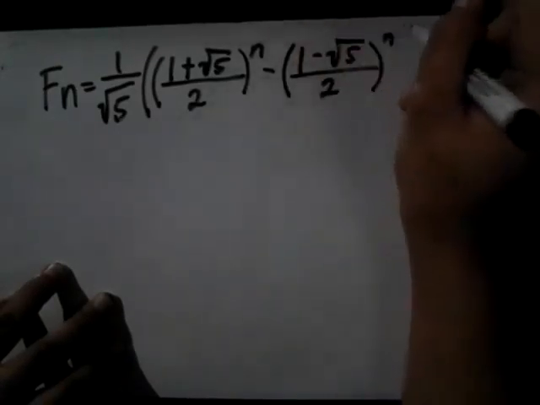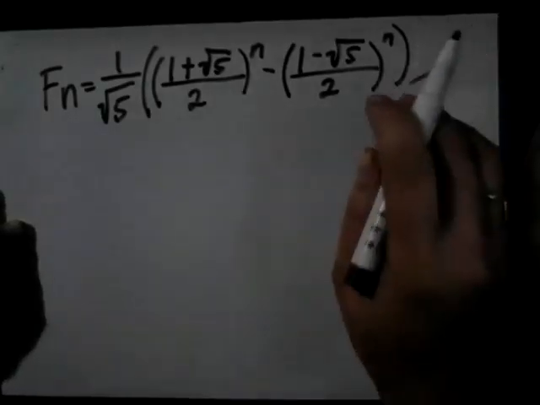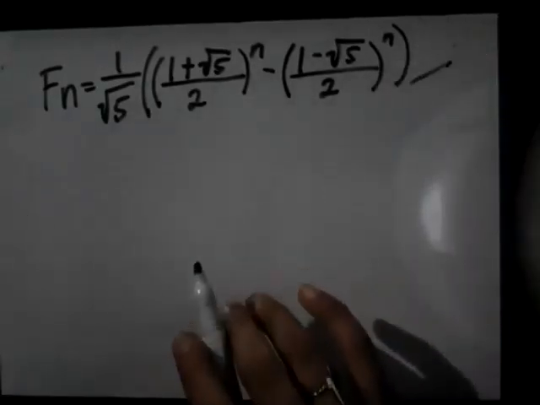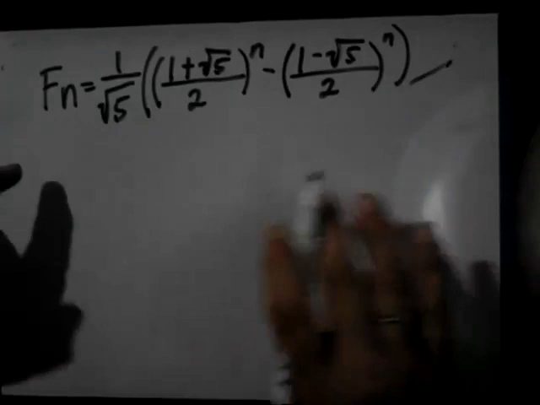So since this is the formula, let us find the 15th term of the sequence. So just substitute 15 for n.